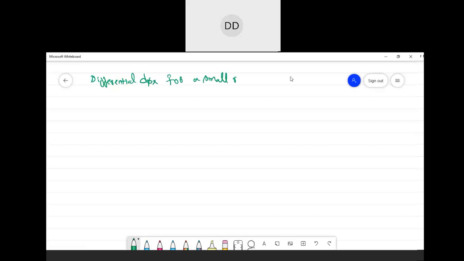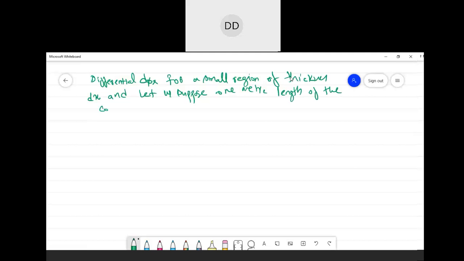of thickness dx, and let us suppose 1 meter length. So we are considering 1 meter length of the conductor.